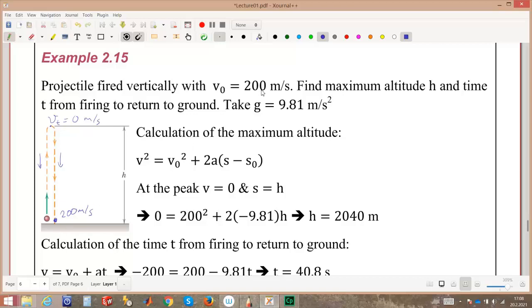Now, what we know so far in this example is that we know the initial speed and we know the top point speed, which is 0. And we are trying to find the maximum altitude. If we consider the initial altitude h0 to be equal to 0, then h will be with respect to the 0 value.